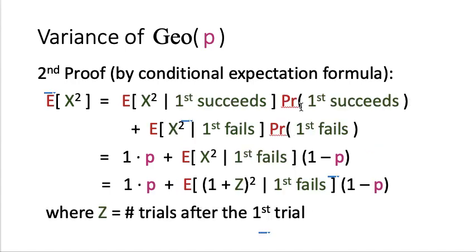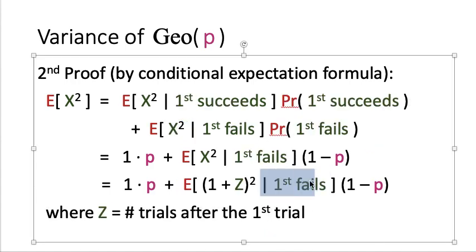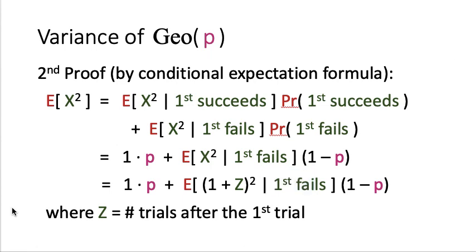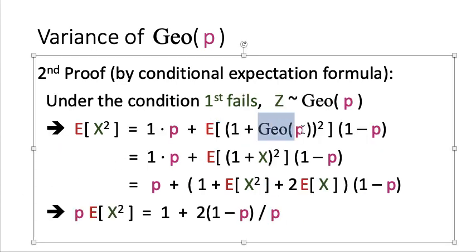So under this condition, z is the same as a geometric random variable with parameter p. This time you don't need the condition, so we can just replace it by a geometric random variable with parameter p. But x itself is also a geometric random variable with parameter p, so whether we talk about this one or about x is the same. So I can now replace this with x.